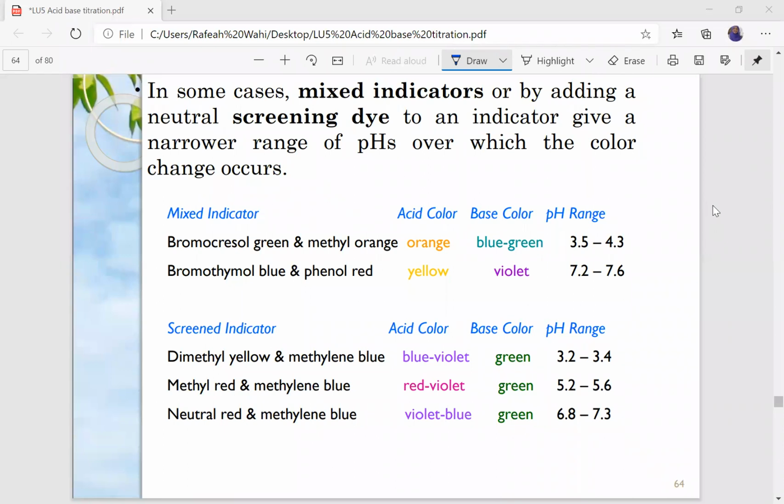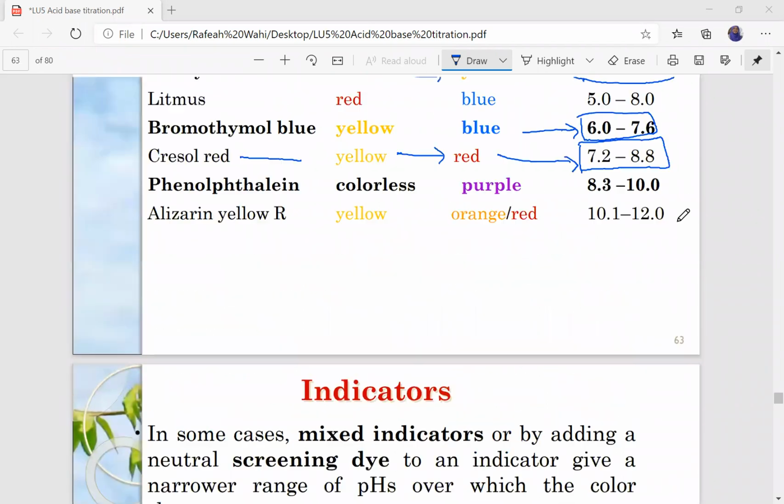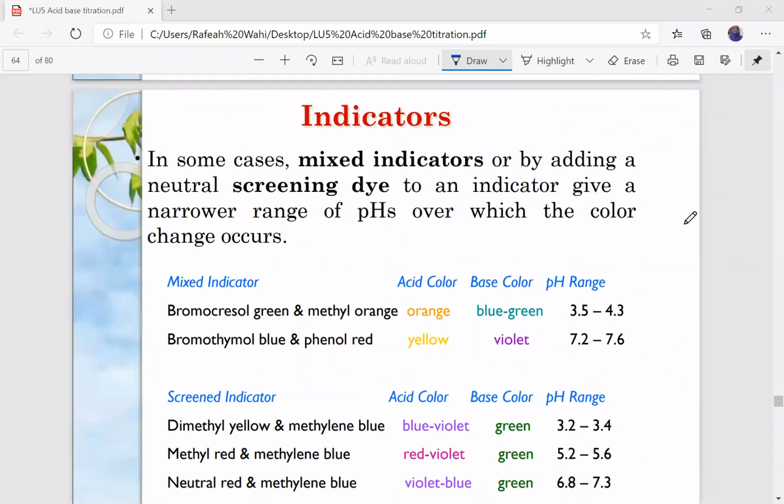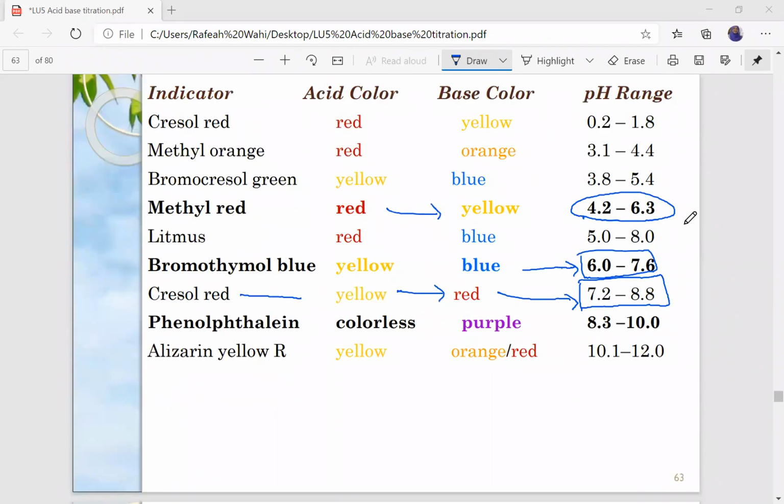In some cases, mixed indicators, or adding a neutral screening dye to an indicator, will give a narrower range of pH over which the color change occurs. For example, if you look at the previous table, bromocresol green and methyl orange.